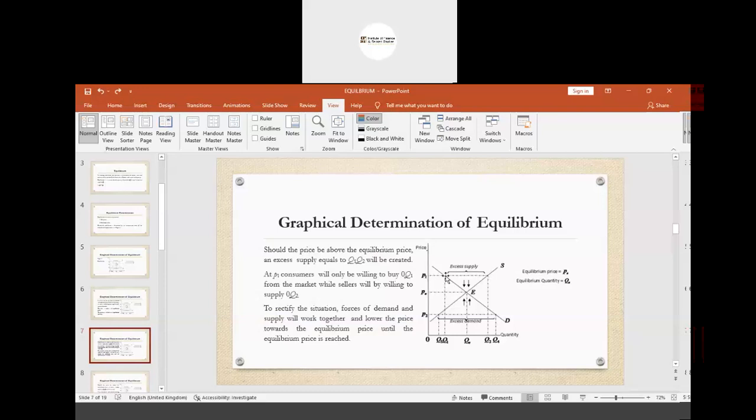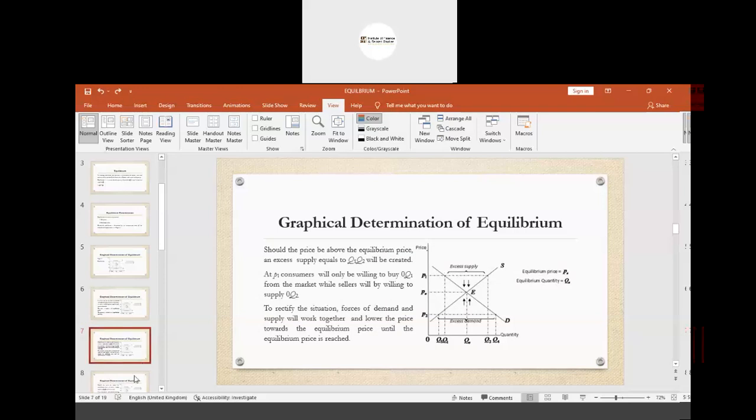The suppliers, because of the higher price, would want to supply more, whereas the consumers will want to buy less because the price is high, thus creating a situation of excess supply. Market forces will try to rectify that situation and push us back to equilibrium.